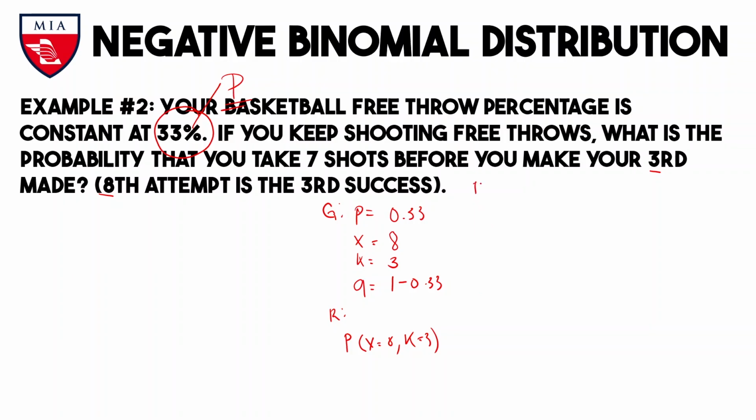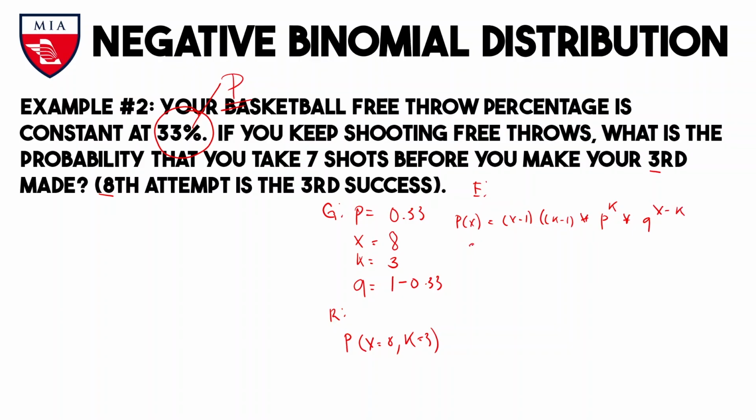For the equation, just write the formula. We have the probability of x is equal to (x minus 1) C (k minus 1) multiplied by p raised to k multiplied by q raised to x minus k.